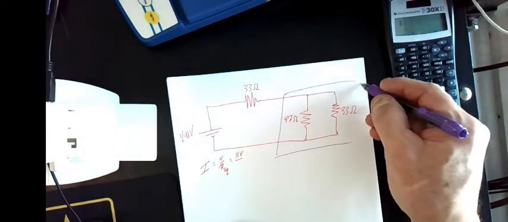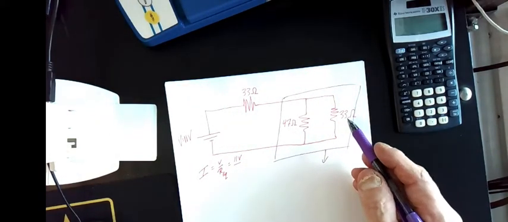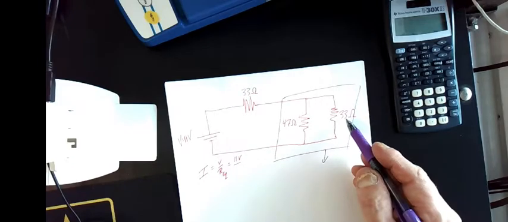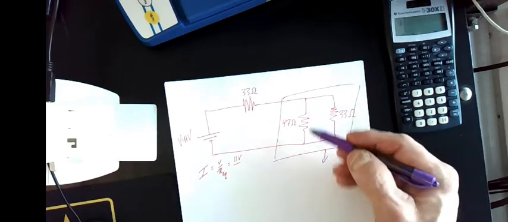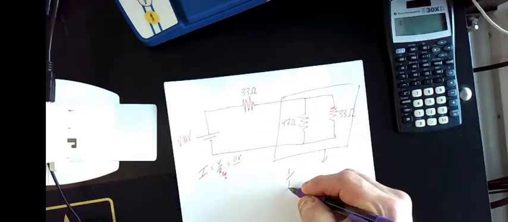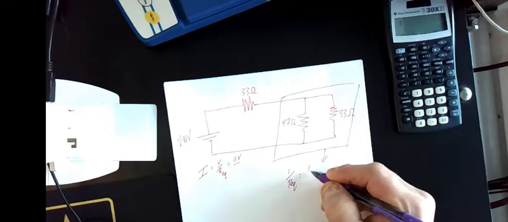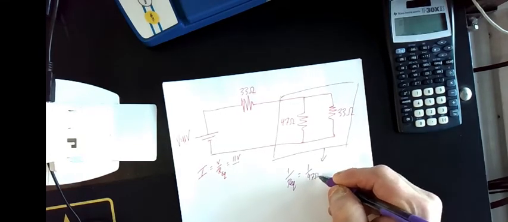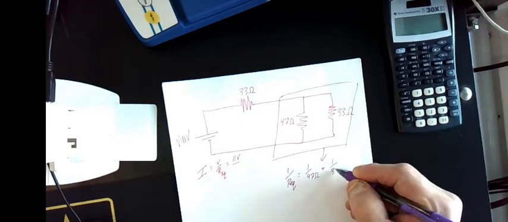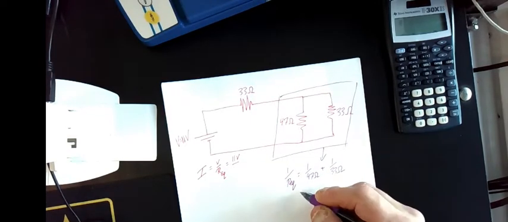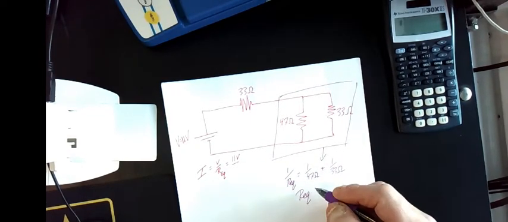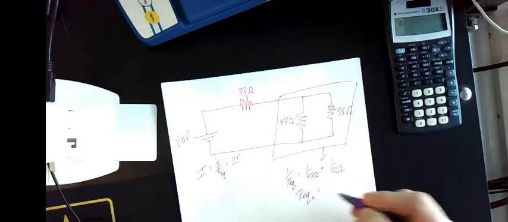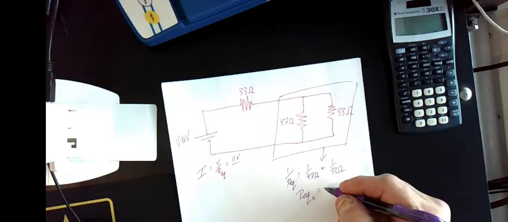It has a resistance less than either of those, because if it was just the 33, the resistance would be 33, but it's less since this is another path open. So 1 over R_eq is 1 over 47 ohms plus 1 over 33 ohms, and R_eq of just the parallel part is 19.4 ohms.